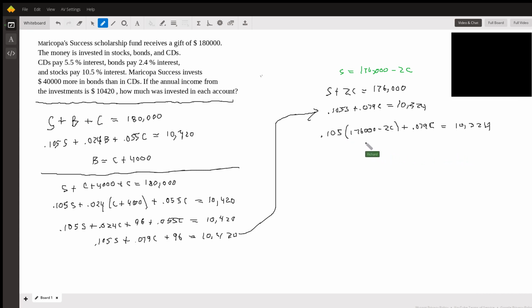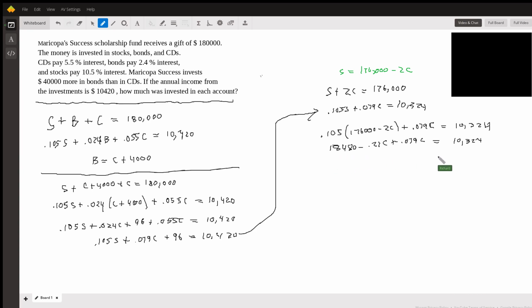Now all you would do here is distribute the 0.105. So let's do that. 0.105 times 176,000, that's 18,480, minus 0.105 times 2, 0.21, plus 0.079c is equal to 10,324.